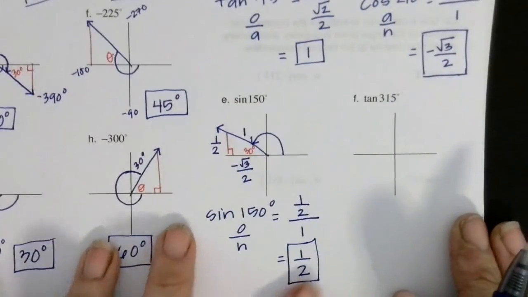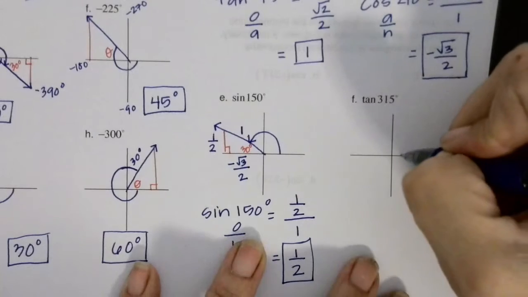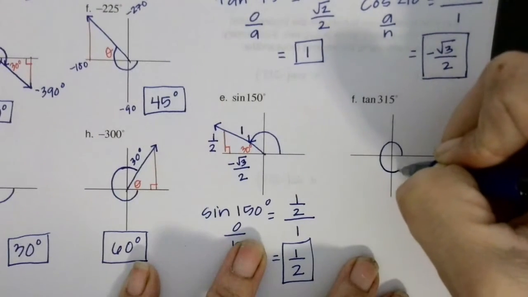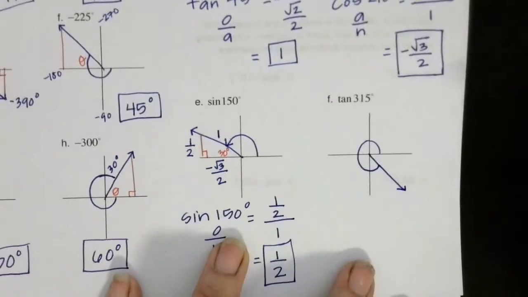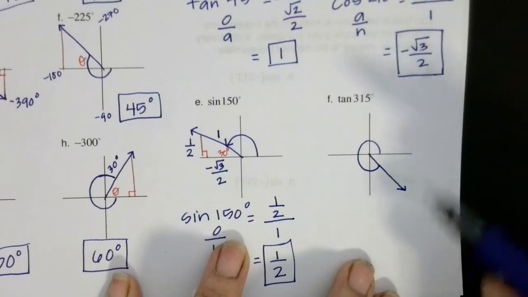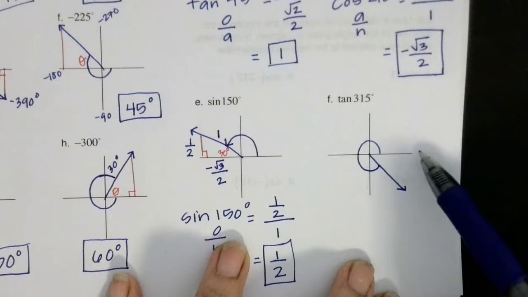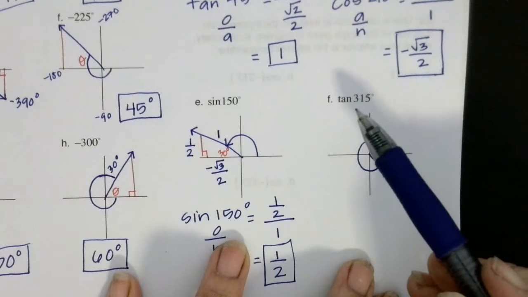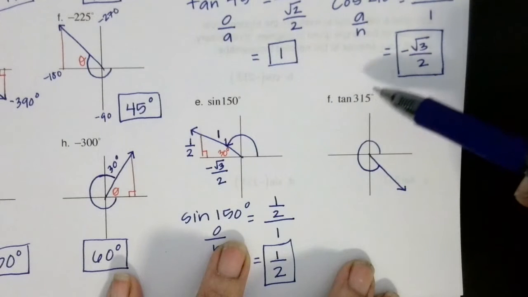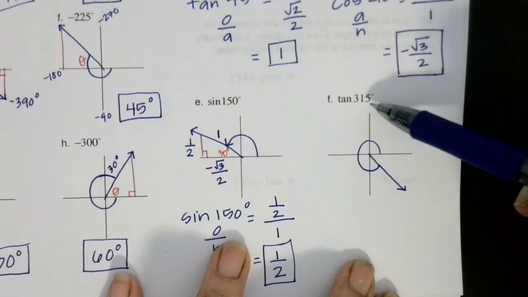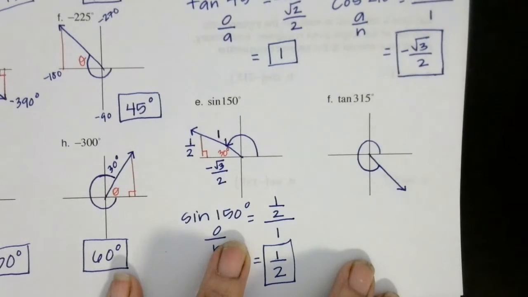Alright, tangent of 315 degrees is right here. If you're wondering how I'm graphing that so quickly, I know this is 270 and that's 360, and I also know these problems are rigged because it says without a calculator. So anything that ends in a 5 has to be a 45-degree angle.